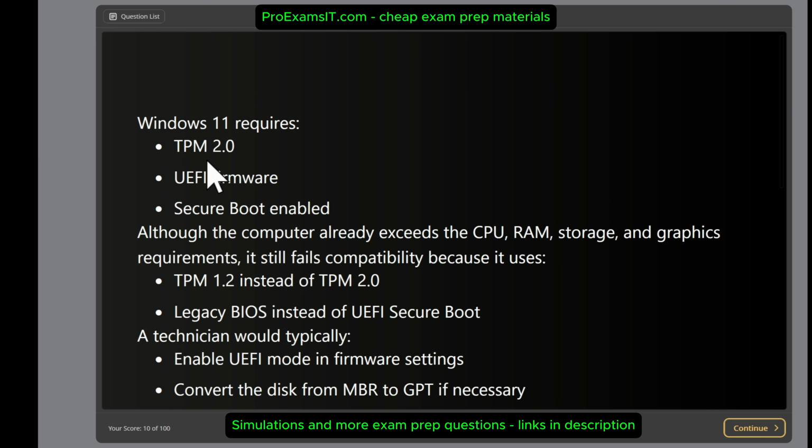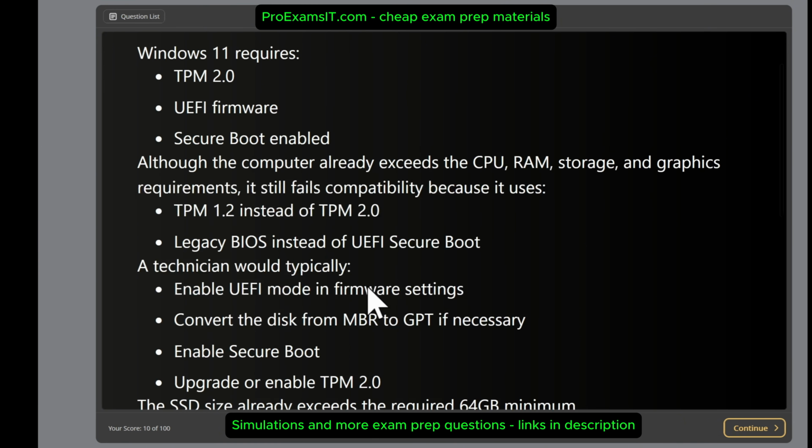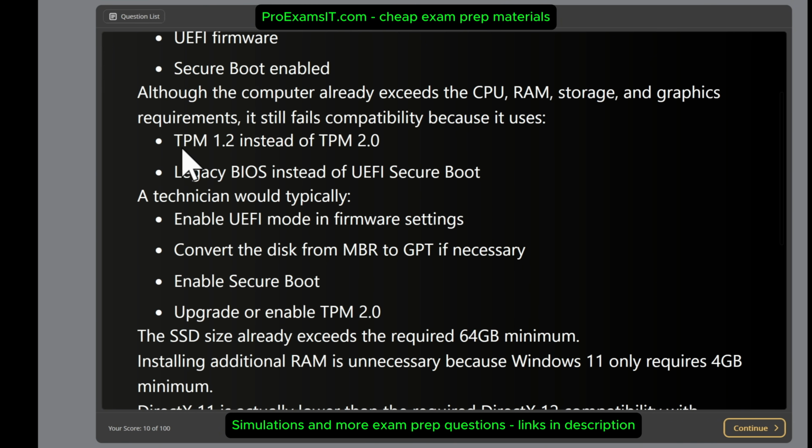So here are the Windows 11 requirements. We are talking about the minimum. TPM second version, UEFI firmware with secure boot enabled. Although the computer already exceeds the CPU, RAM, storage, and graphics requirements, it still fails compatibility because it uses TPM 1.2 instead of TPM 2.0, and legacy BIOS instead of UEFI secure boot as well.